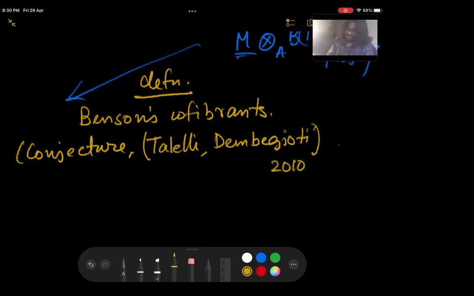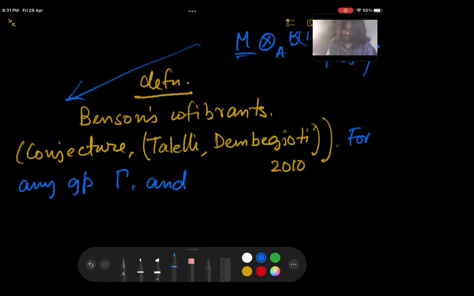So the conjecture is that for any group gamma. Well, they made the conjecture over just gamma. I made it over commutative rings of finite global dimension, so maybe I should also put mine in there. 21.